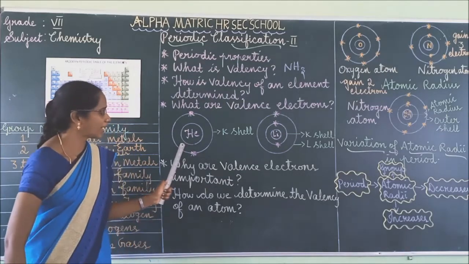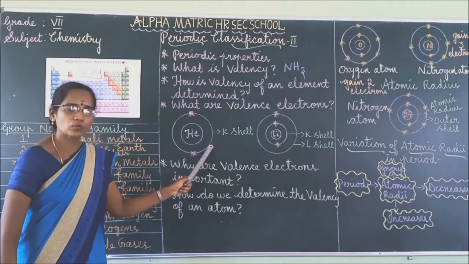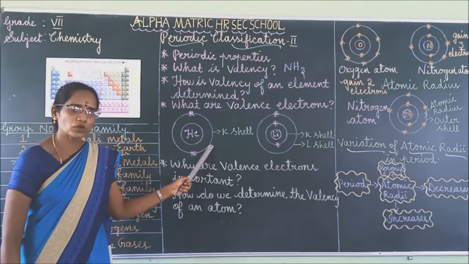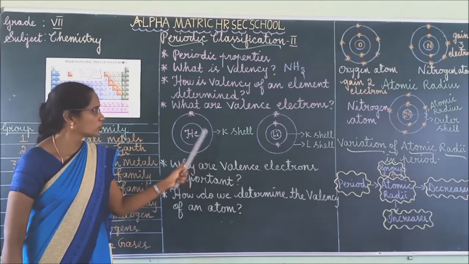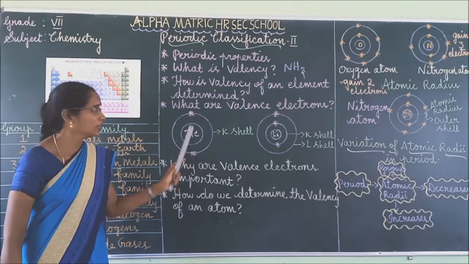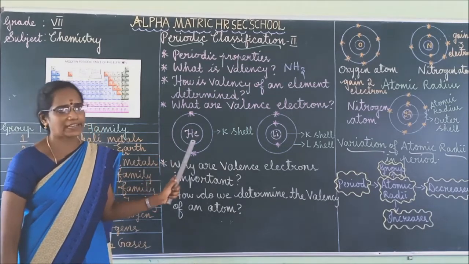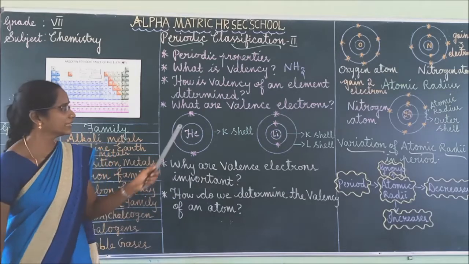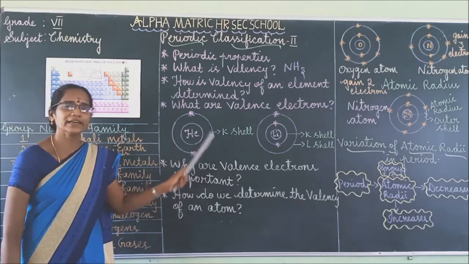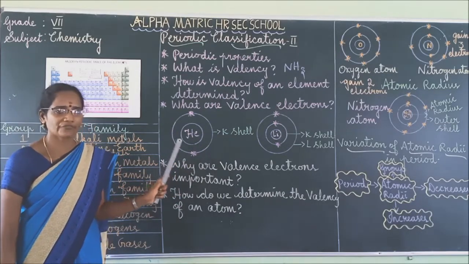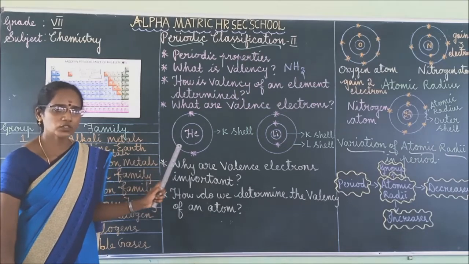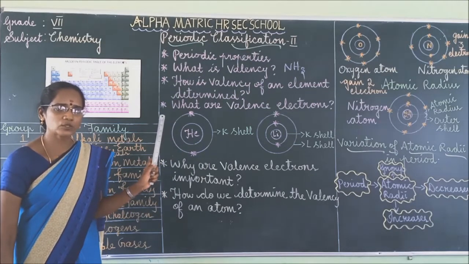For this helium atom, this is the outermost shell and it is also called the K shell, right? So 2 electrons are present. These 2 electrons are called the valence electrons. Why? Because these electrons are present in the outermost shell of an atom. Understood? Shall we move to the next one?